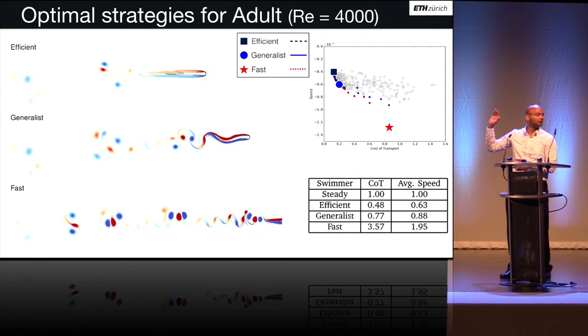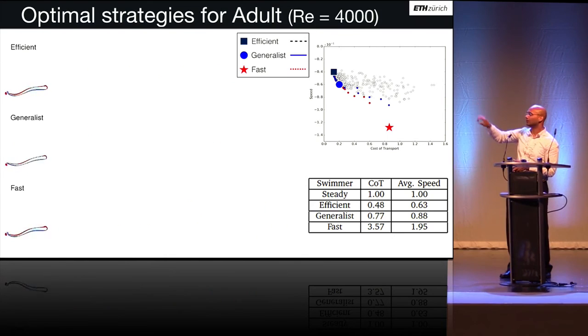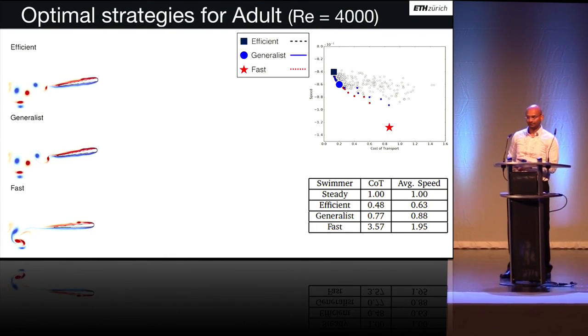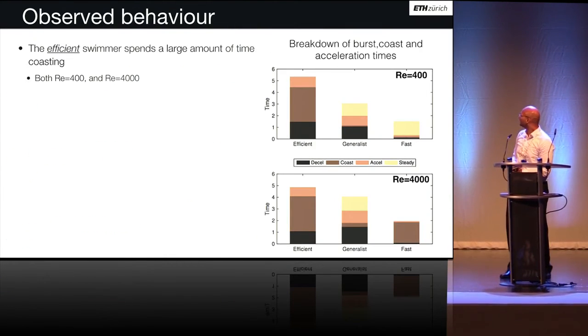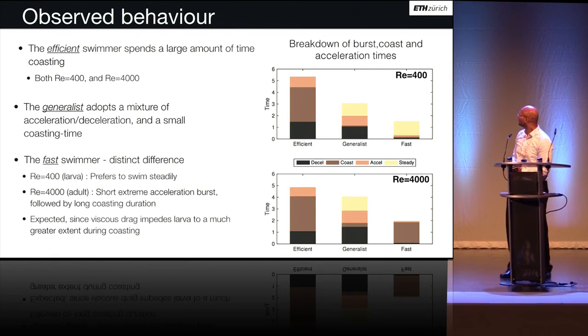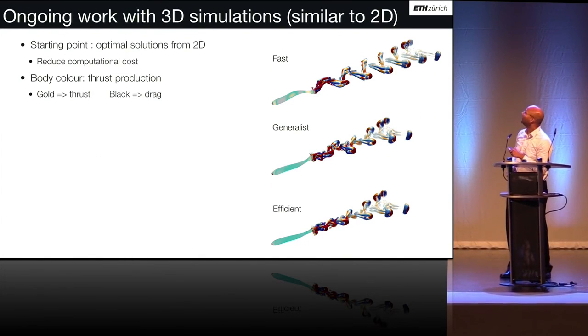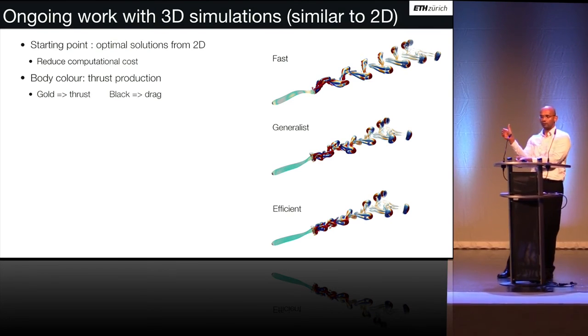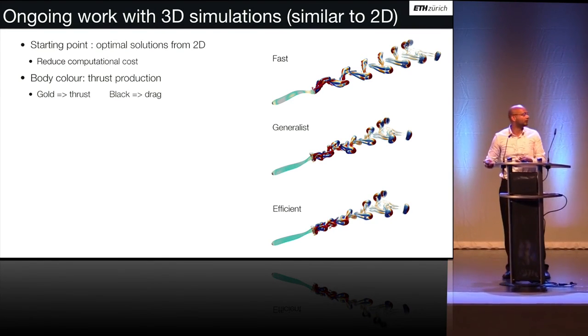Red is fluid swirling this way out of the plane, and blue is fluid swirling into the plane. And for the 3D cases, the color is the same thing. So in 3D, if you look over here, that red segment is basically fluid swirling this way. And the body is colored with thrust.